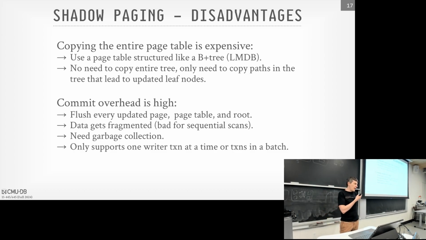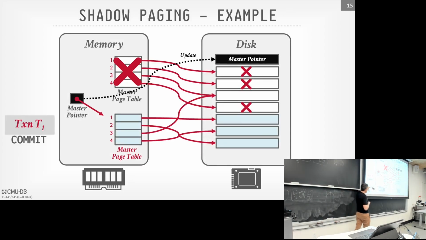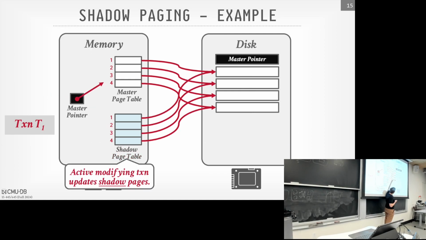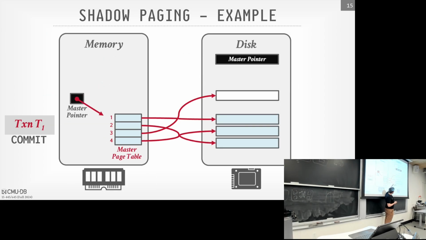Another big problem, and this is what the IBM people saw when they first built this, is that before, all my data was nicely contiguous on disk. So going back here, before I made my shadow pages, everything was contiguous. If I want to do a sequential scan, I just read the pages one after another. But after I've run a transaction and cleaned things up, now I've got empty space in here and my data isn't contiguous.